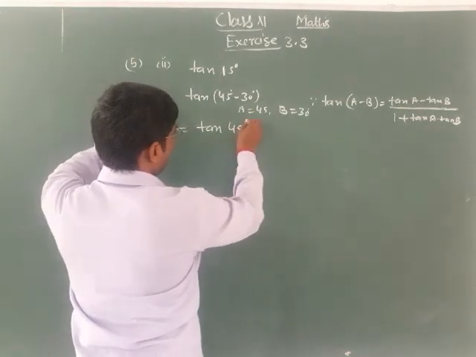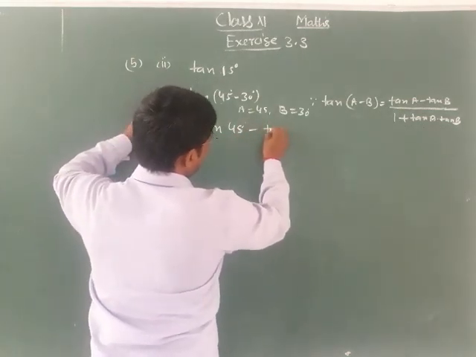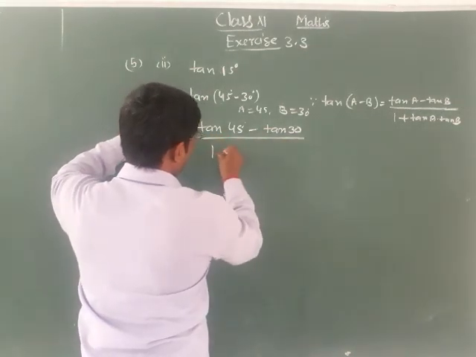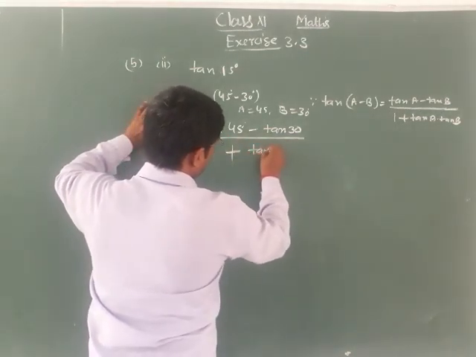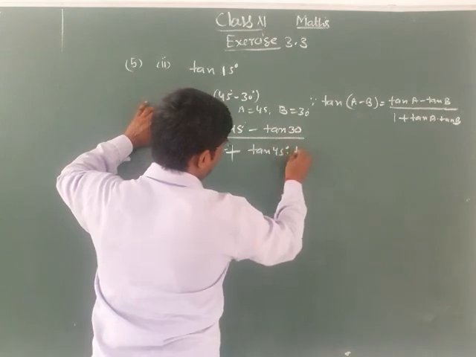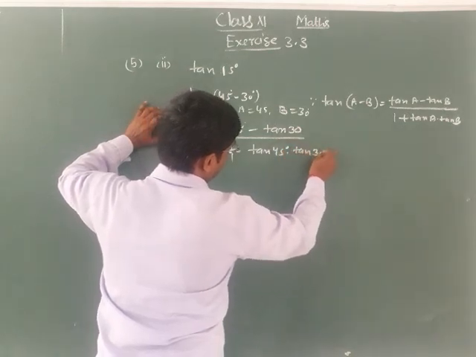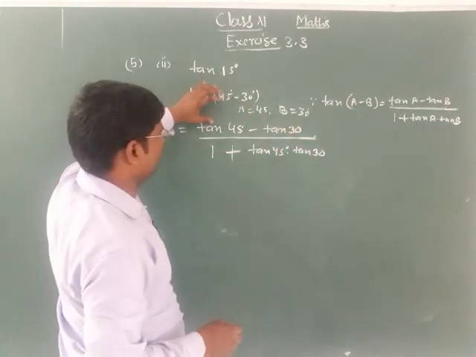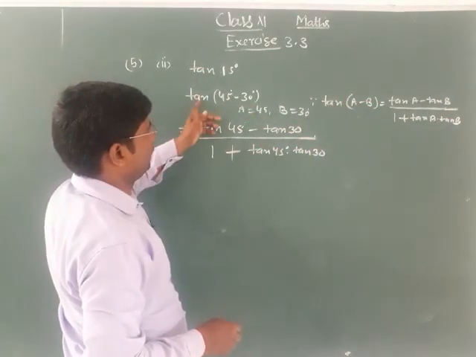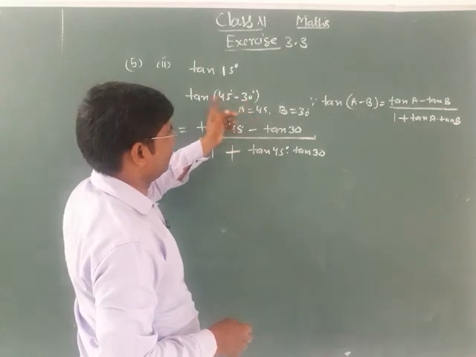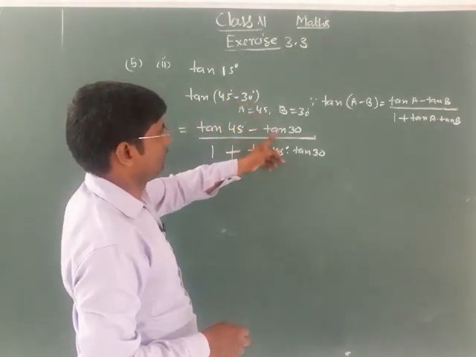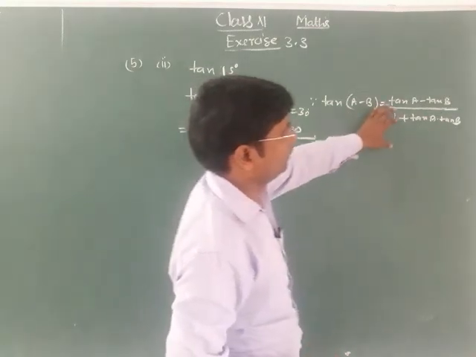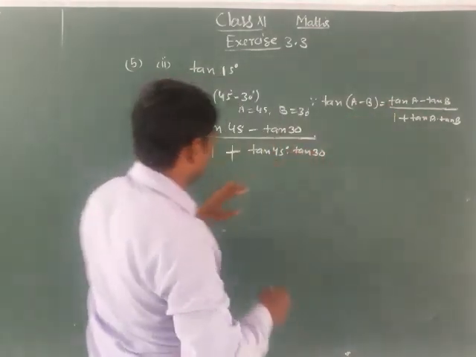So tan 45 minus tan 30 degree upon 1 plus tan 45 degree into tan 30 degree.